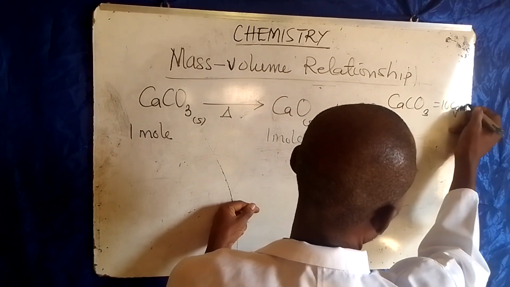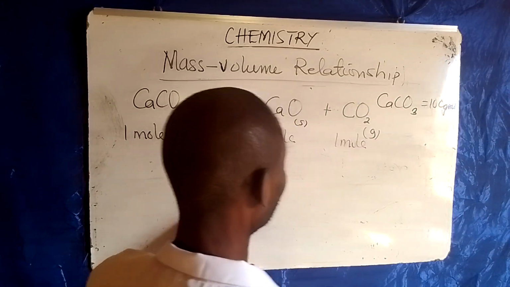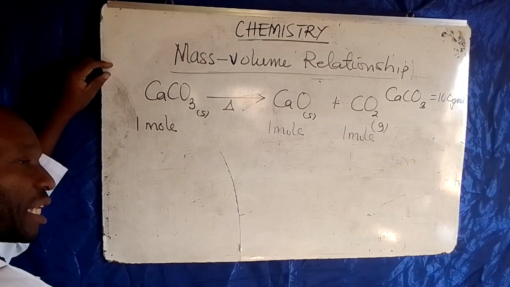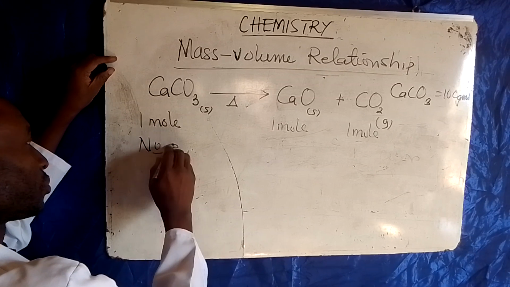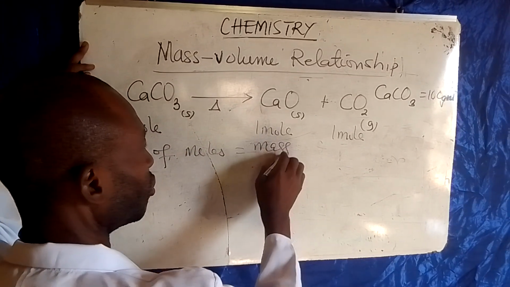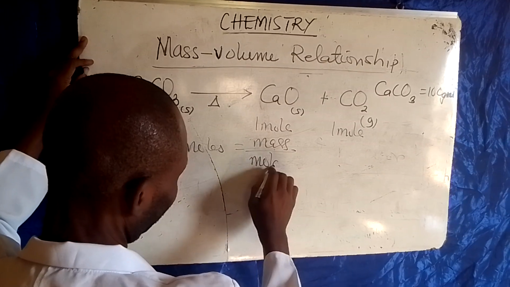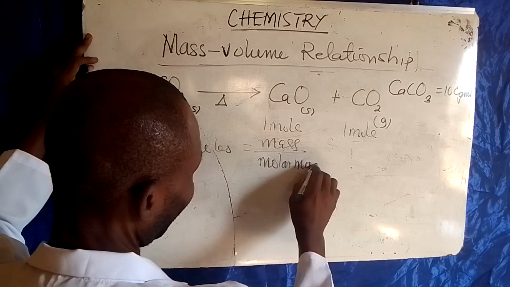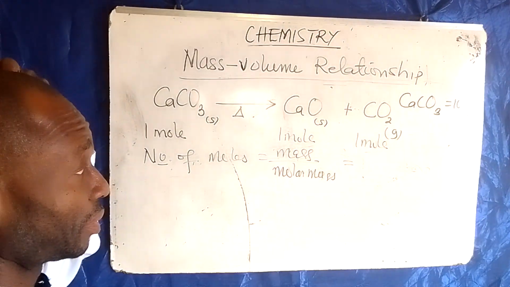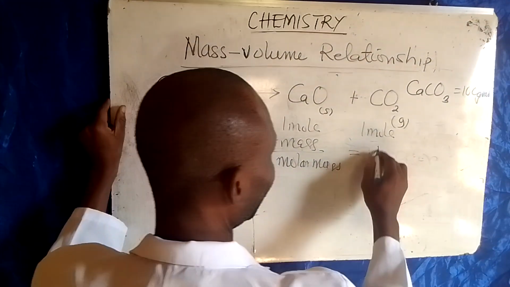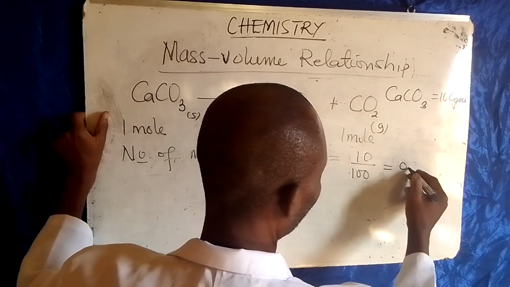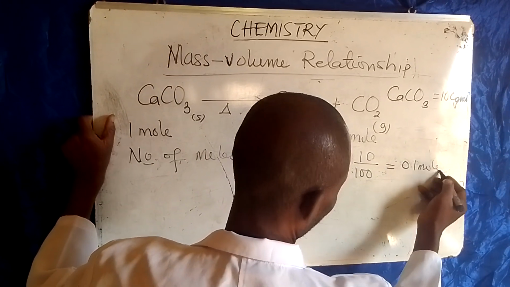Because it's 100 gram per mole, we can now bring in the first formula that I have there, which is number of moles equals to mass over what? Molar mass. You want to know the number of moles in 10 grams. So you now say 10 over 100, and that will give you 0.1 moles.